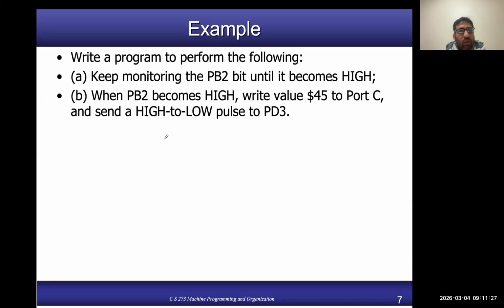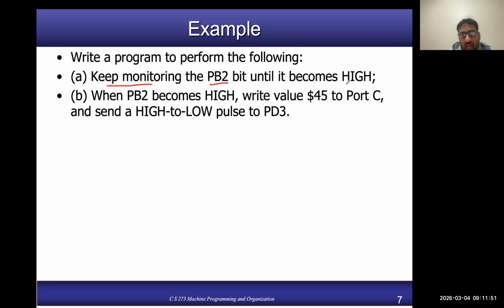Okay, so here we are going to write a program to understand how we can use these instructions. We want to write a program which keeps monitoring the pin PB2, which is pin 2 on port B, until it becomes high.